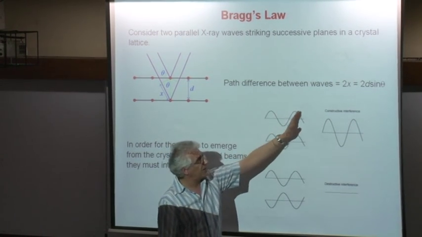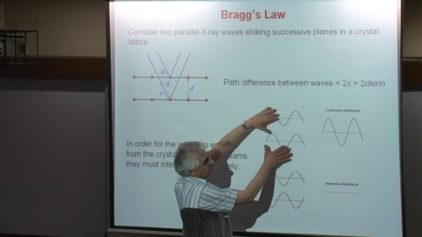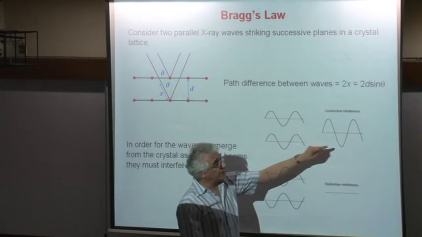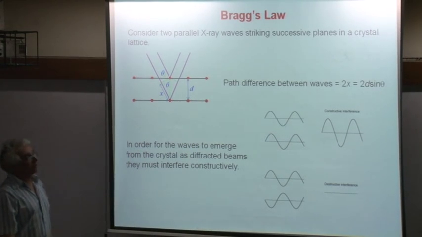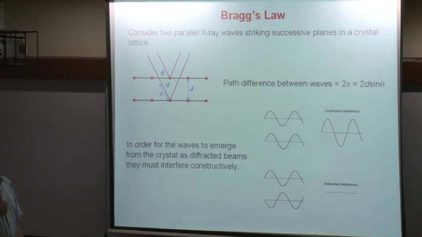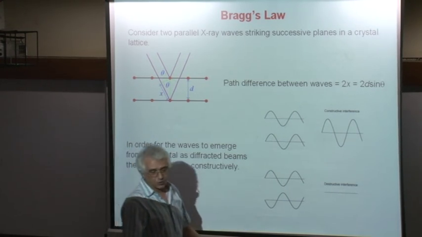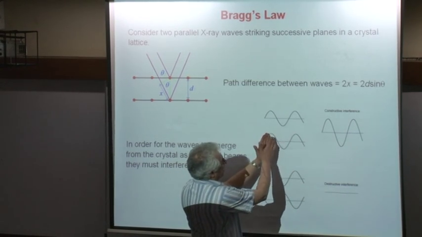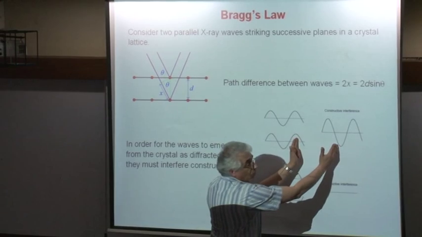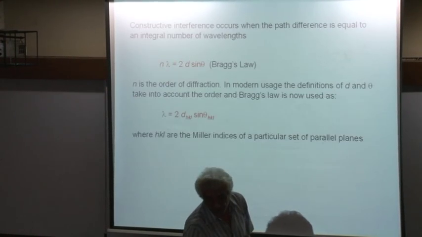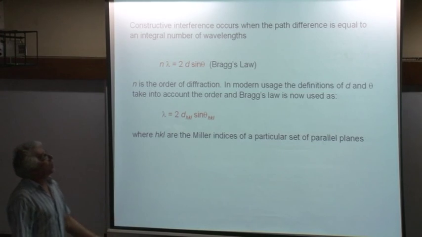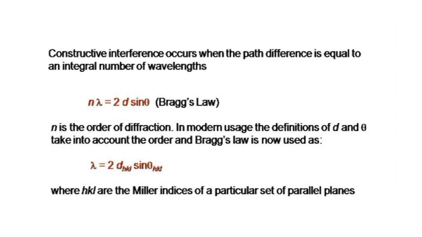So the difference between the maxima has to be the same, and they should be exactly aligned. And when you get that, you get reinforcement of the waves. That can only happen when this difference is equal to an integral number of wavelengths. It can only happen if I shift this by a whole set of wavelengths. So constructive interference only happens when we get some integer multiplied by the wavelength. So n we'll call the integer, and it is formally known as the order of diffraction.